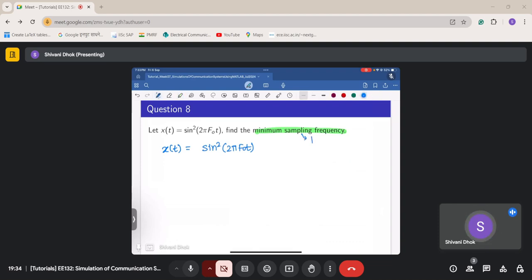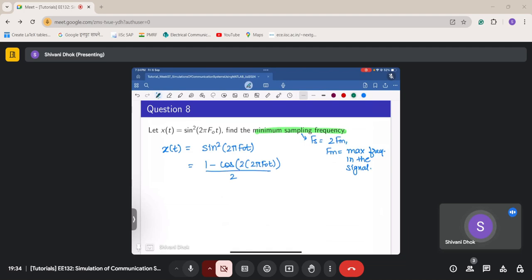The minimum sampling frequency fs is equal to 2 times fm, where fm is the maximum frequency in the signal. This signal is given in sine square form, so let us try to simplify it. It comes out to be equal to 1 minus cos of 2 times 2 pi f naught t, divided by 2.